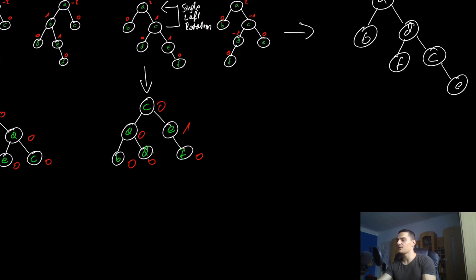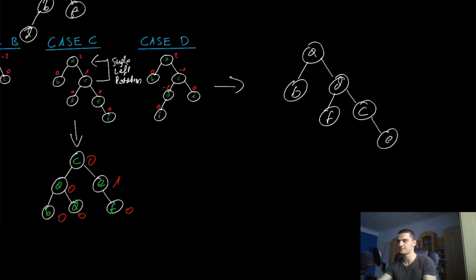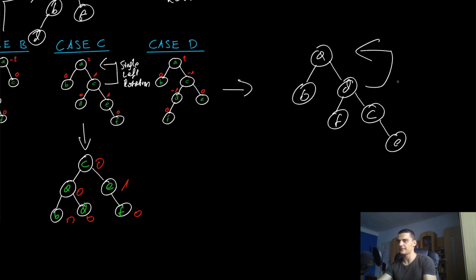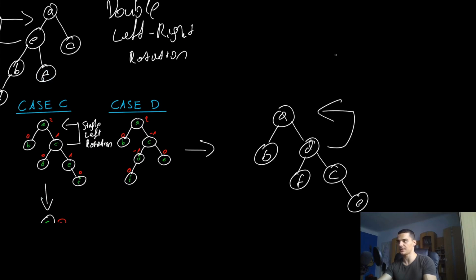And then we just do a single left rotation here, and we end up with a balanced tree once again. And this is called a double, obviously, right left rotation.